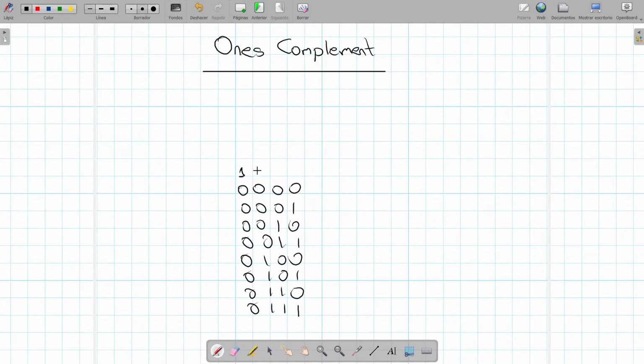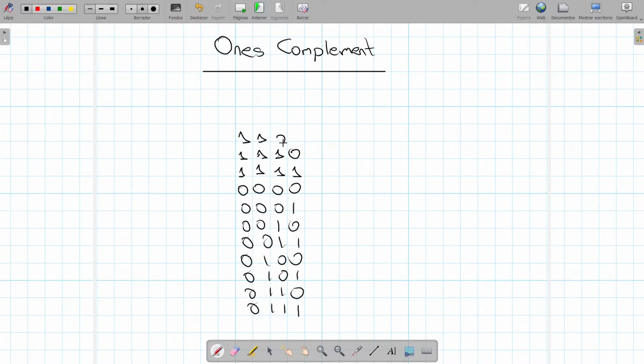So when we have a 1, we have a 0, and when we have a 0, we have a 1. So instead of 0, 0, 0, 1, we would have 1, 1, 1, 0. Instead of 0, 0, 1, 0, we would have 1, 1, 0, 1.